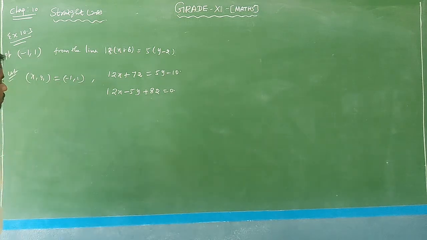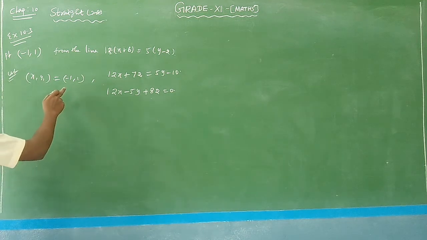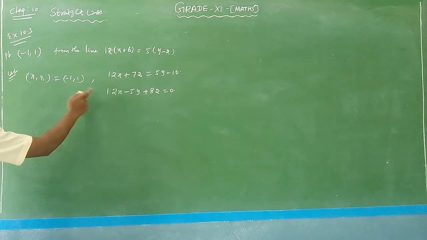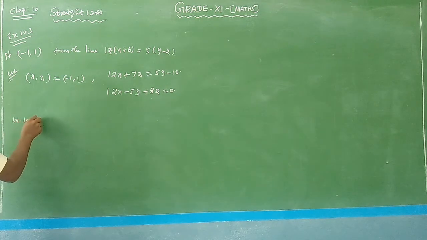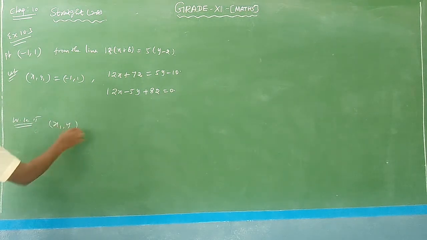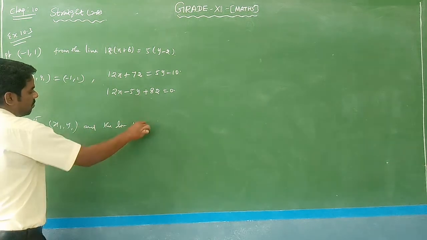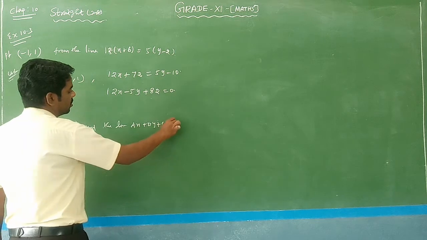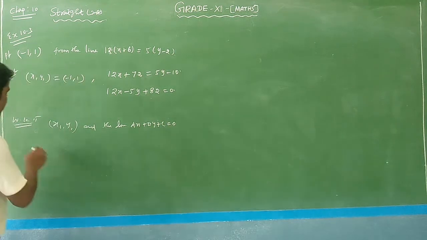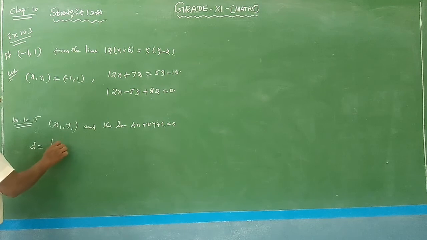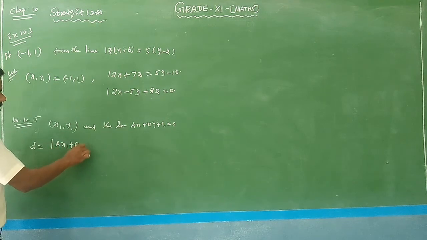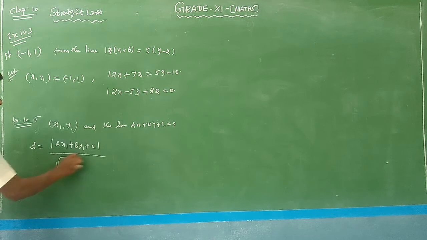Okay, right. So the distance between the point (-1, 1) and this line 12x - 5y + 82 = 0. We know the formula for the distance between the point (x1, y1) and the line ax + by + c = 0 is d = |ax1 + by1 + c| divided by the root of a square plus b square.